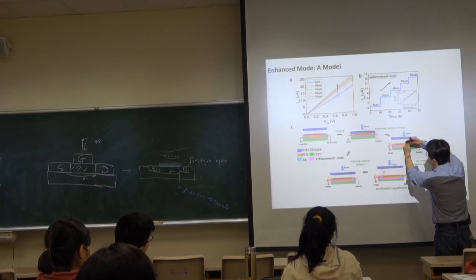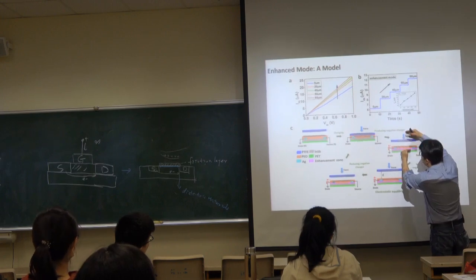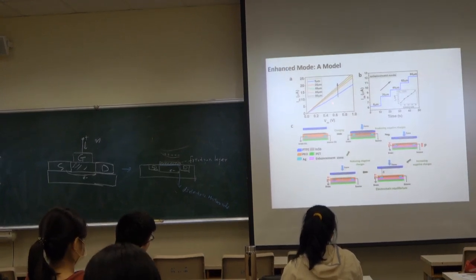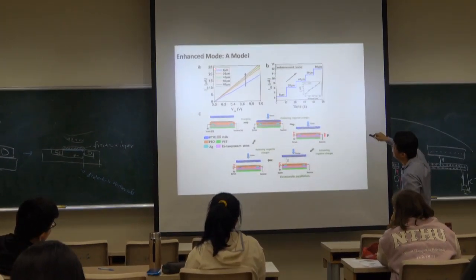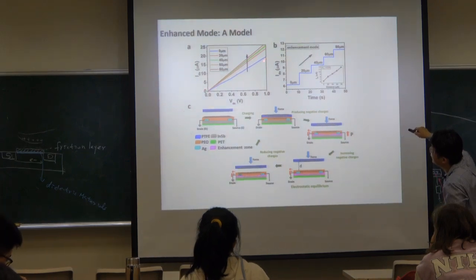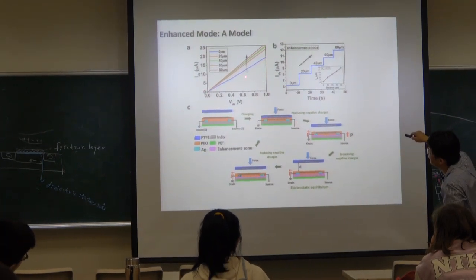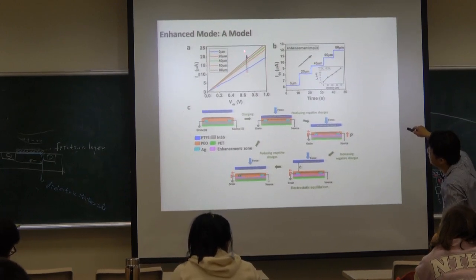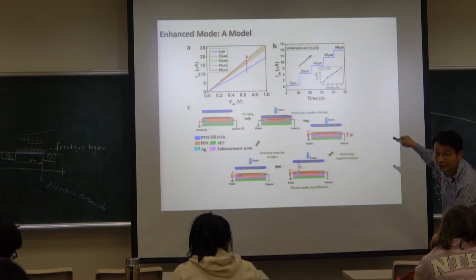Once I separate the distance, this is zero. I measure the curve, and it looks like that. Then once I increase the distance, you can see the IDS progressively increases.